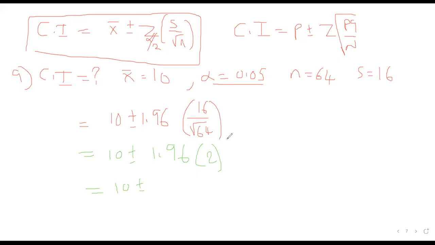So what we get? 3.92. 3.92, when you subtract from 10, we get 6.08. And when we add, we get 13.92. So this is how we do the confidence interval.